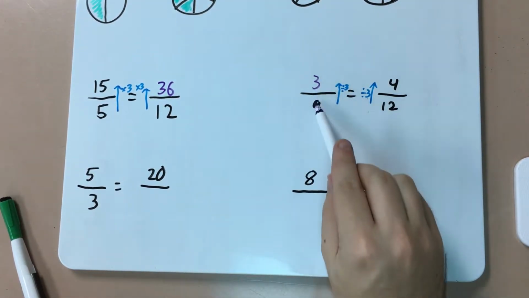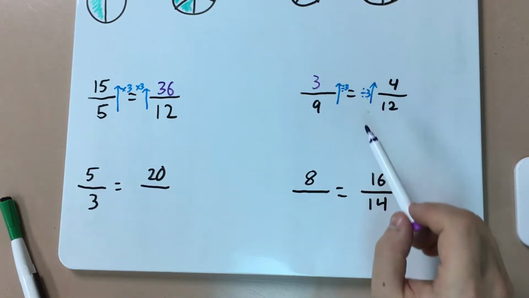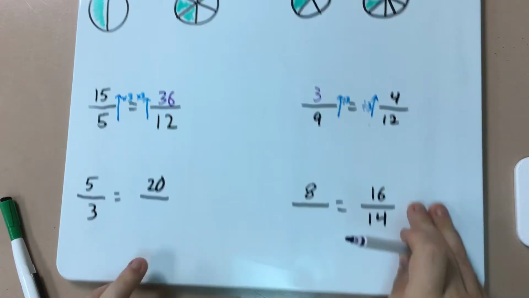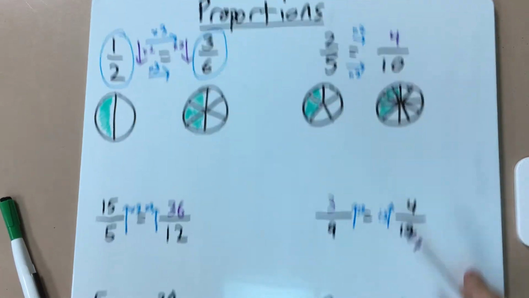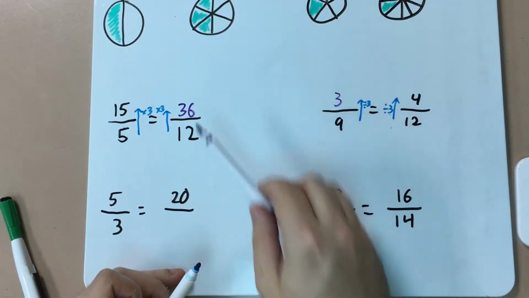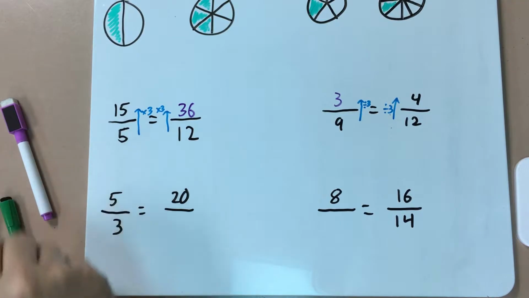So I can see that 3/9 is an equivalent fraction to 4/12, and these two fractions together make a proportion, just like 1/2 and 3/6, 2/5 and 4/10, and then 15/5 and 36/12. Either way, it's the same idea, and the goal is always the same, to get two fractions that are equivalent, that mean the same thing but use different numbers.